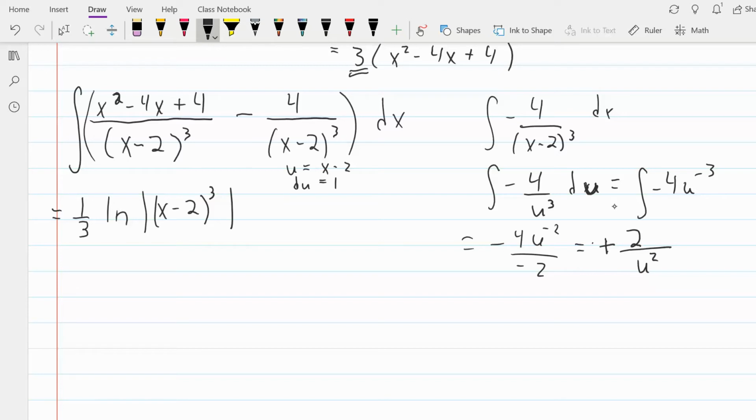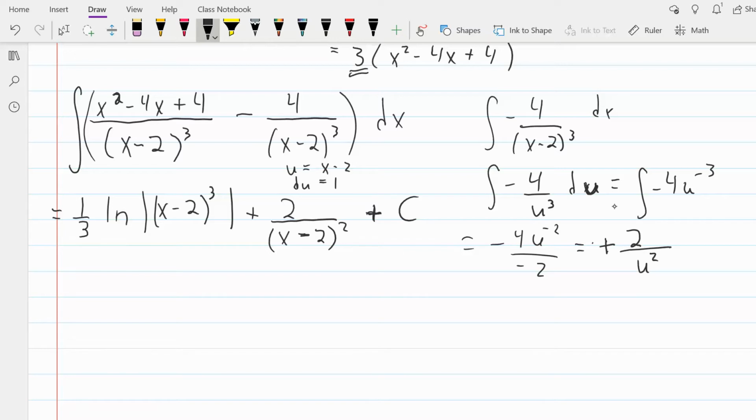So it's going to be a positive 2 over u squared. And my u, remember, was x minus 2. So I have plus 2 over x minus 2 squared, and then plus c, of course. Gotta put that plus c in there.